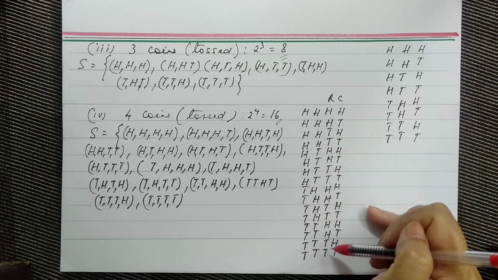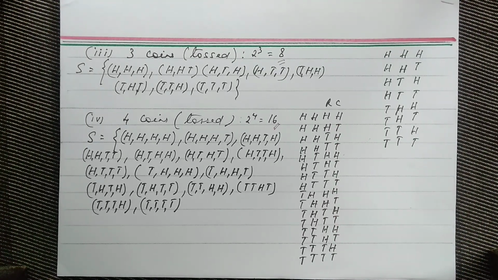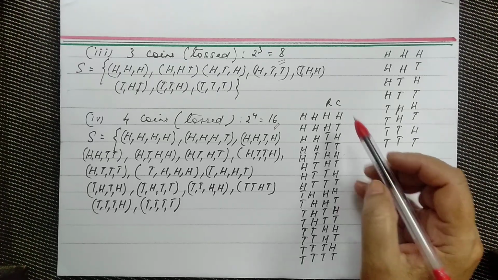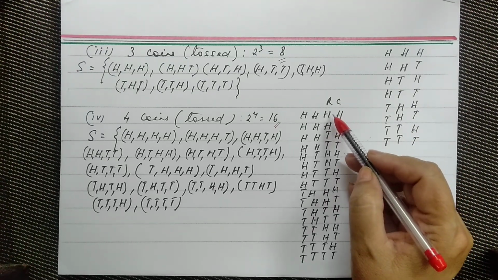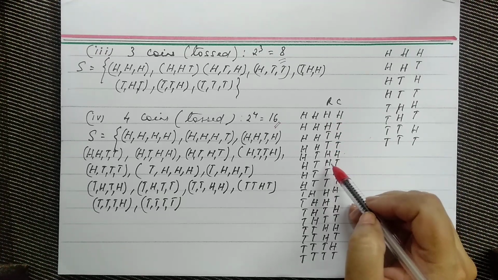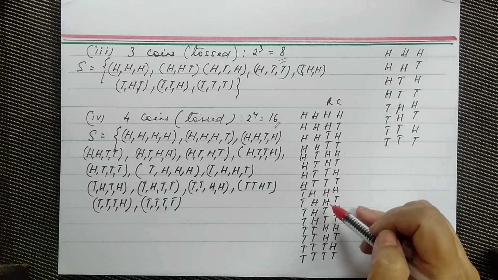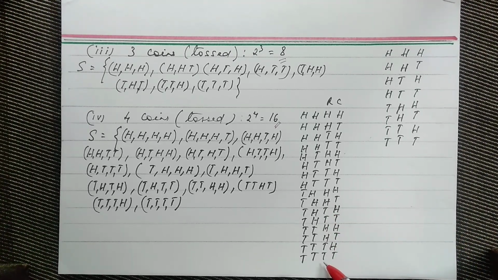In the second column, we write them doubled. So we have single H here, but here we have double H, HH, TT, HH, TT, HH, TT, HH, TT.